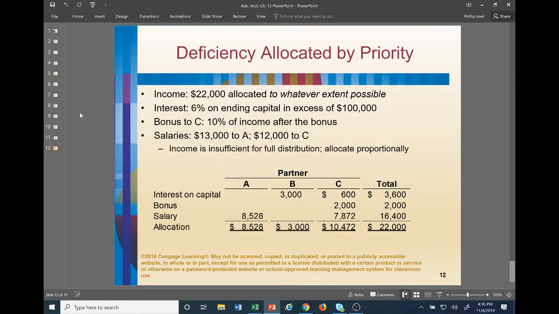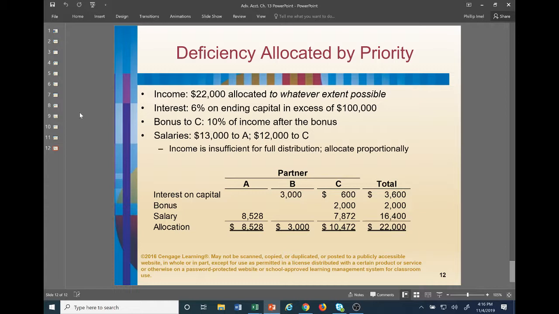Now let's take one more example, deficiency allocated by priority. The second alternative, which is used less frequently, requires that the provisions of the profit and loss agreement be ranked by order of priority.